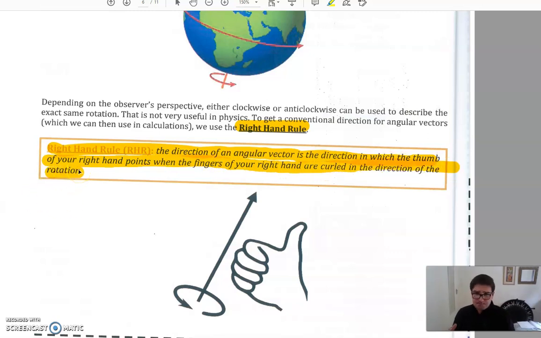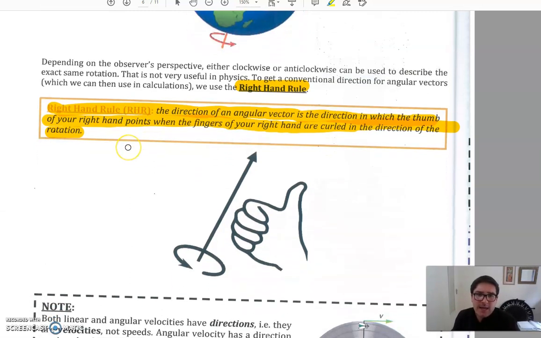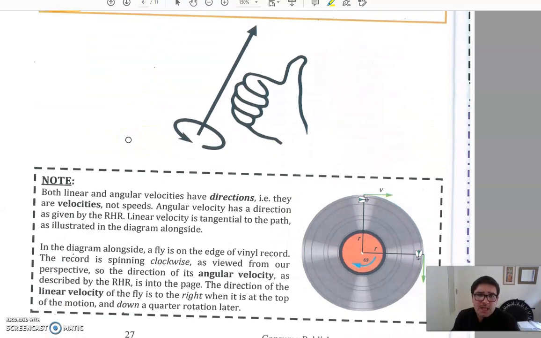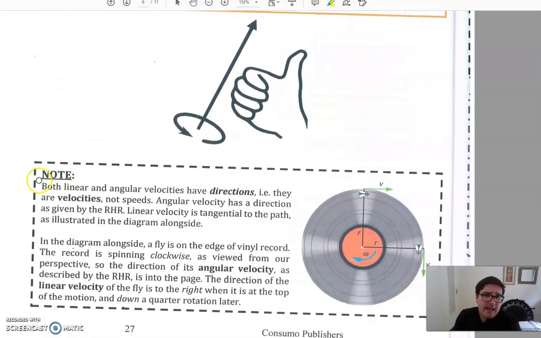So basically, if your fingers are pointing in the direction of the rotation, then your thumb is pointing in the direction of the angular velocity. Now here it's important to note that we have directions for both linear velocities and angular velocities.